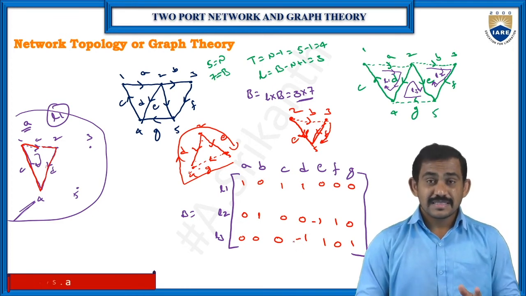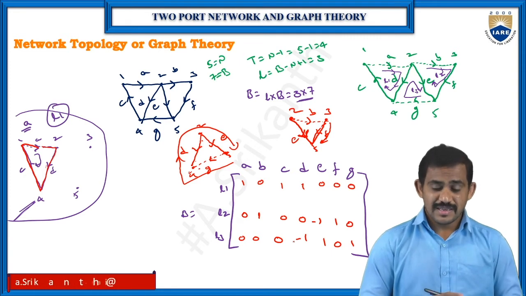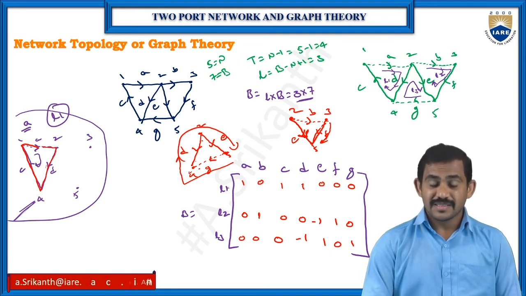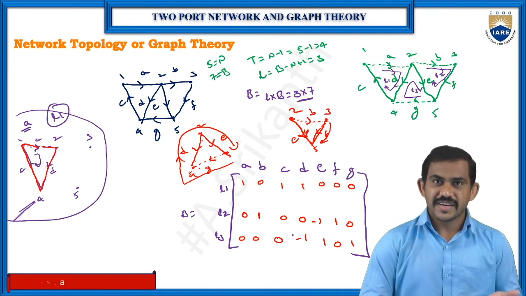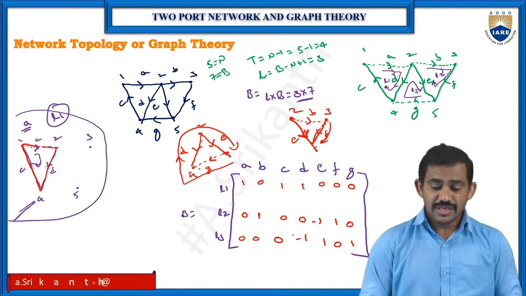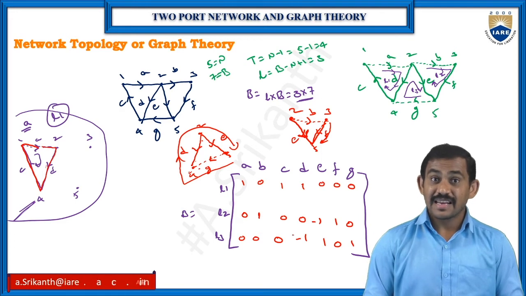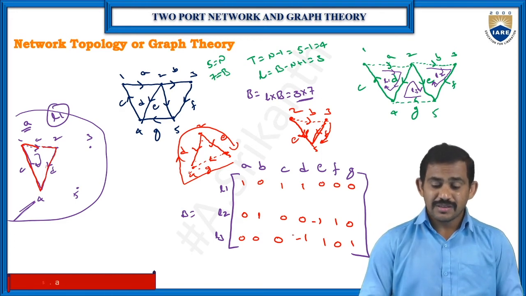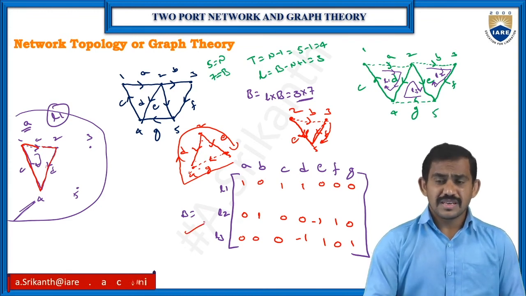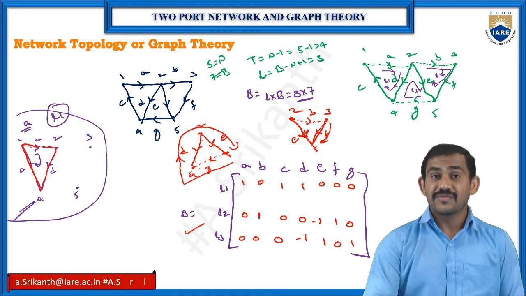Okay. These are the B matrix values. And here, like the A matrix, we can't add those values, we cannot have 0. So A matrix is different, B matrix is different. Depending upon direction and depending on links, we have the values. Okay, and here I have C, D, E, F as trees.